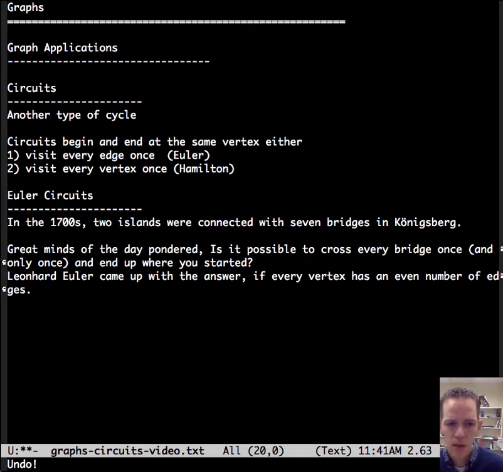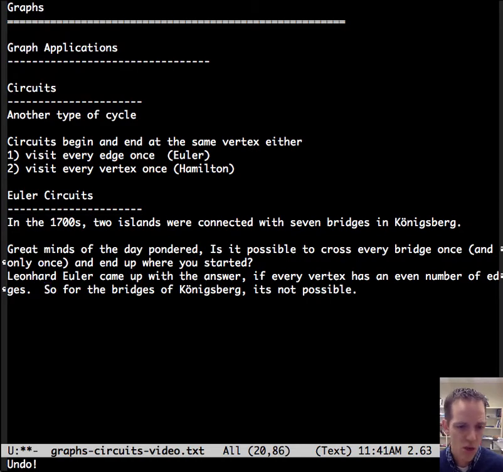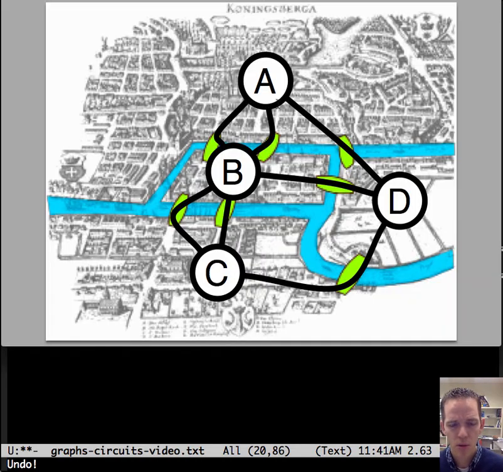Well, Euler came up with the answer, and that is if every vertex has an even number of edges, then yes, there is a path. So for the bridges in that city, it wasn't possible. In fact, none of the vertices here have an even number of edges coming out of it, the degree of the vertex.